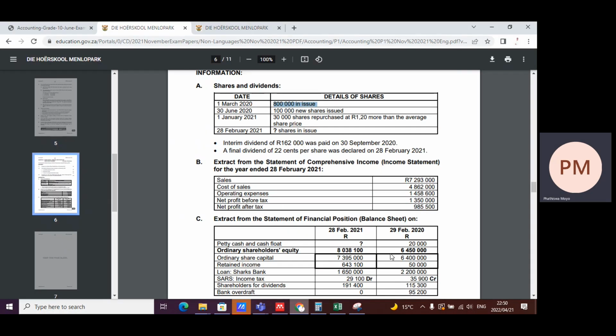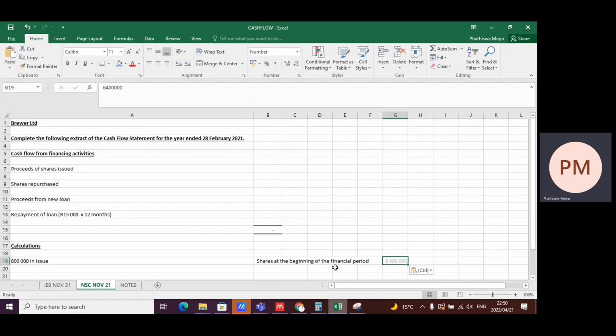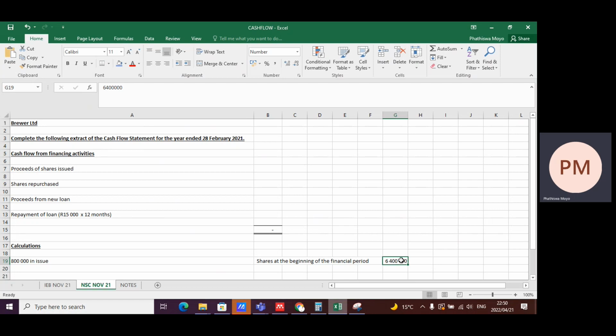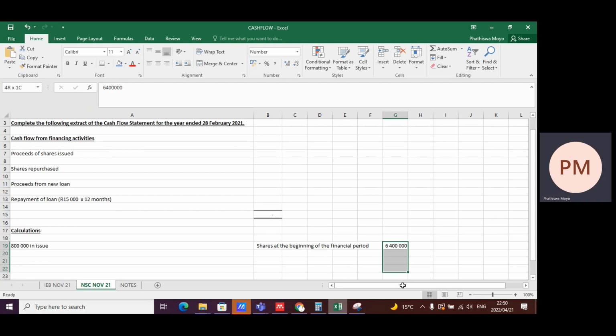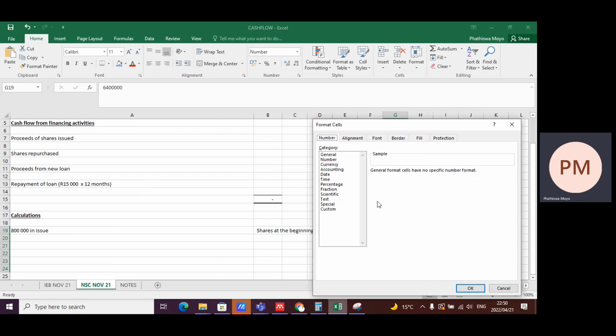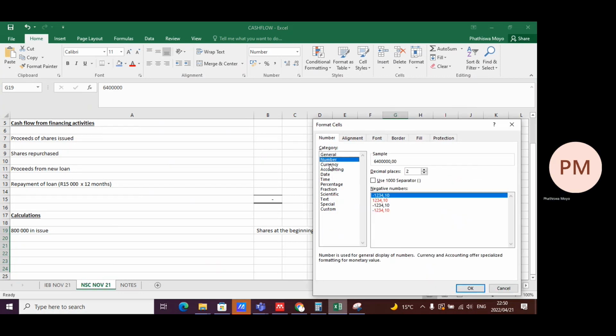And we're given the value, guys. We can't record retained earnings, guys, because it's accounting entries. It's not necessarily cash entries.